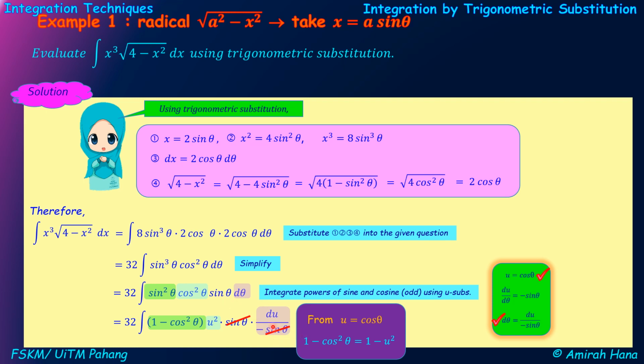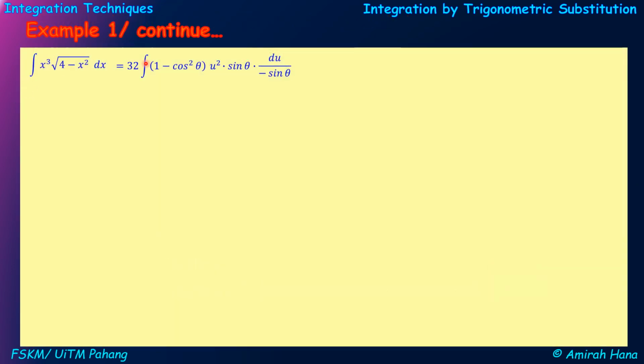Alright, and then from here, when we use u substitution, we need to write all terms in terms of u and du. So from cos squared theta here, we recall our u equals cos theta. So 1 minus cos squared theta equals 1 minus u squared. This is what we get from the previous slide.